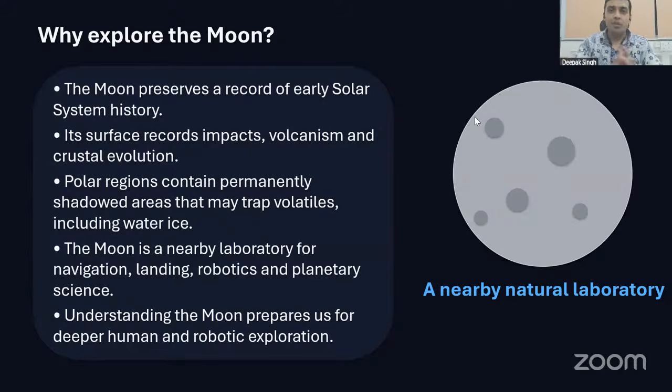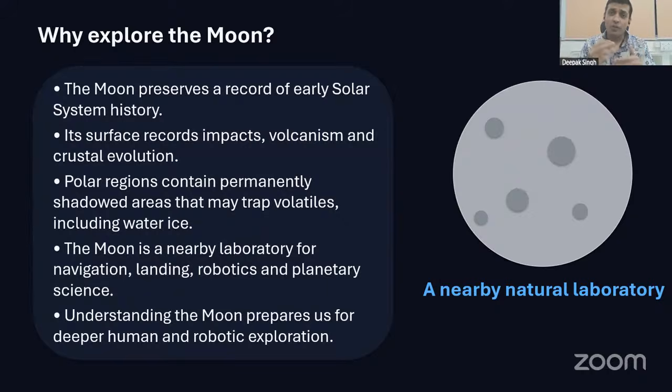Okay. So why do we explore the Moon? That is the first question which a lot of people ask me all the time. There is no one answer, of course, but the simple one is that it's a very natural laboratory and very close to us. It is the closest to us, actually. All other planets, moons, and objects in our solar system are further away.